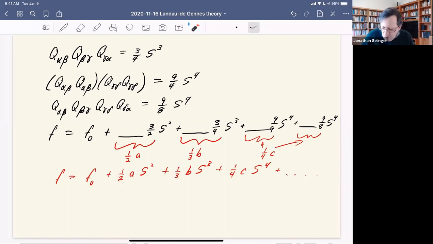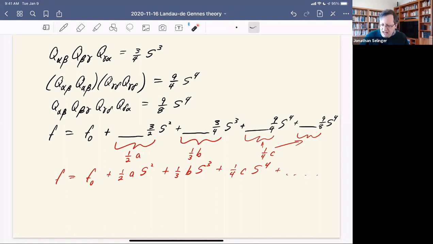Now this shows how the free energy depends on the magnitude of nematic order, that is, on the S. You might be wondering, wait a minute, didn't he promise he would show how it depends on the magnitude and direction of nematic order? How does it depend on the direction?